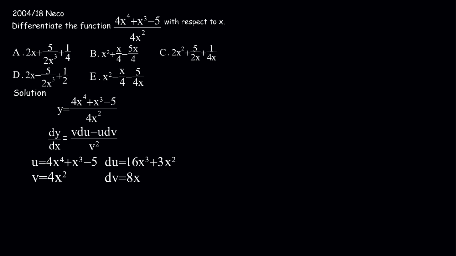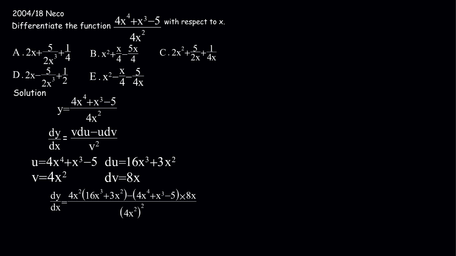Doing so, it will be equal to 4x squared in brackets 16x to the power of 3 plus 3x squared, minus in bracket 4x to the power of 4 plus x cubed minus 5 times 8x, divided by 4x squared in bracket squared.